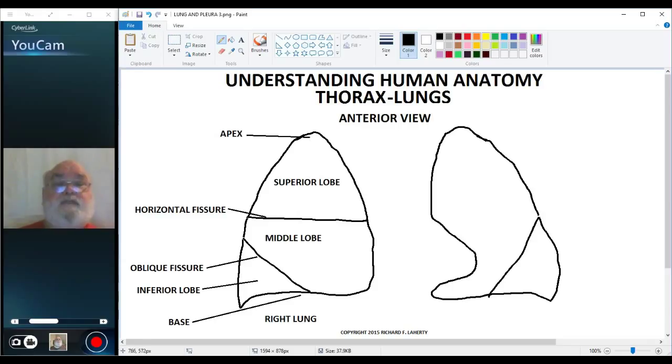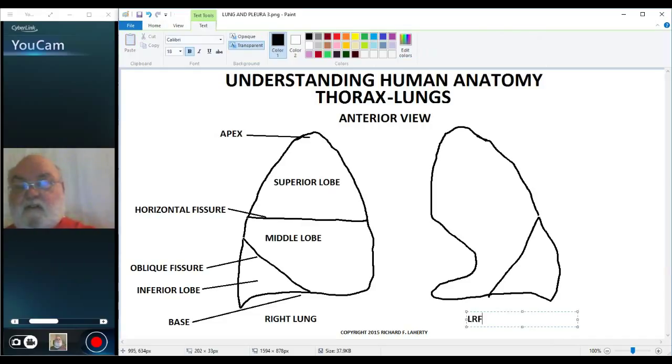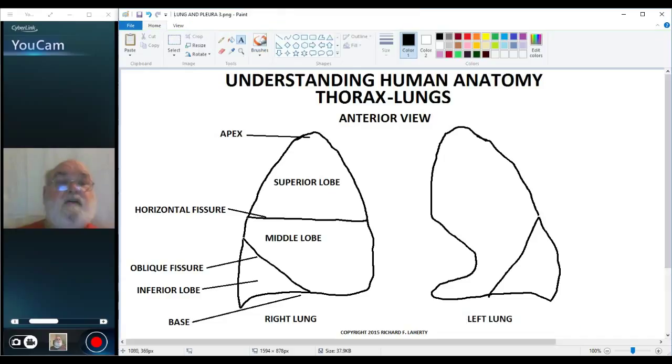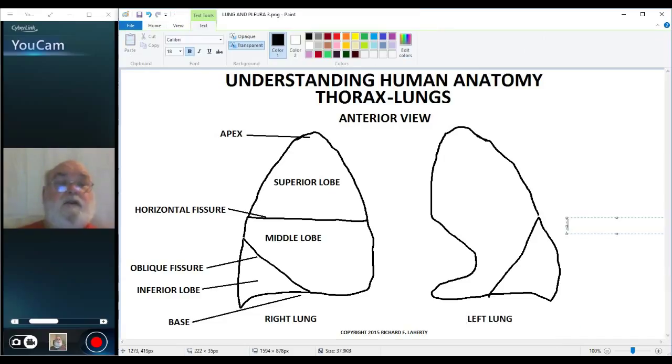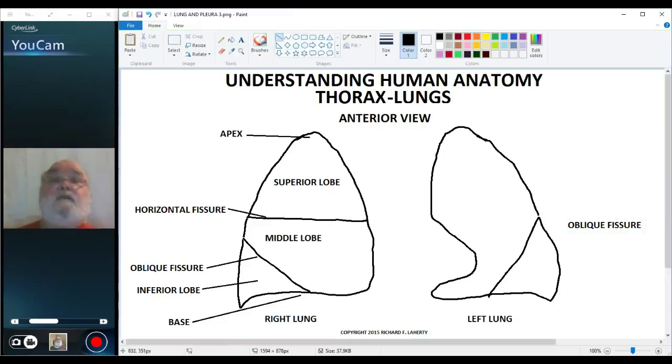So let's put some labels in. And we have an oblique fissure, draw a line to it.